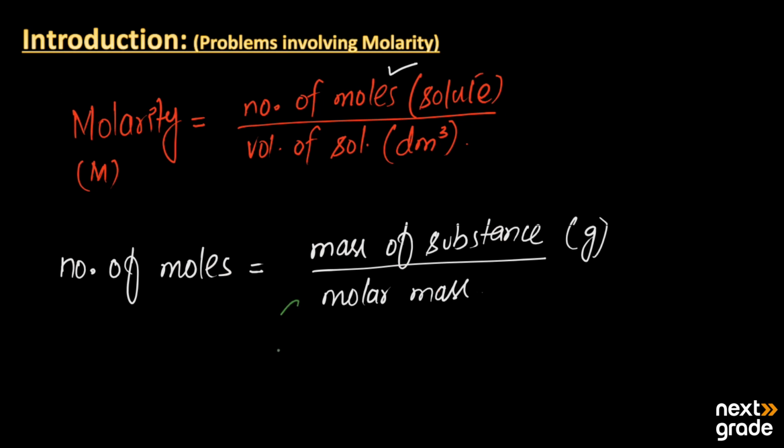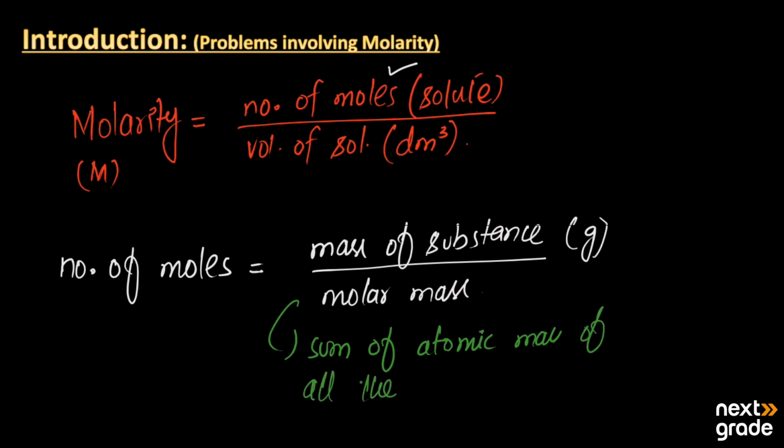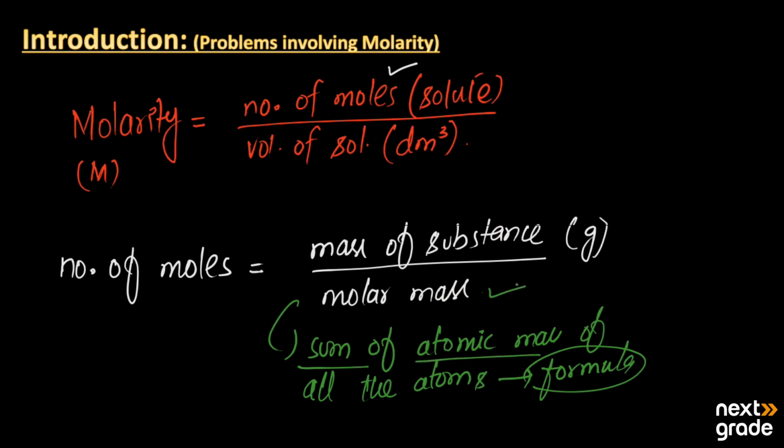Molar mass is the sum of atomic masses of all the atoms present in the formula. It means if we have the formula of any substance, we just need to add up the atomic masses of all the atoms, and then we will be able to find the molar mass of that substance. Okay.